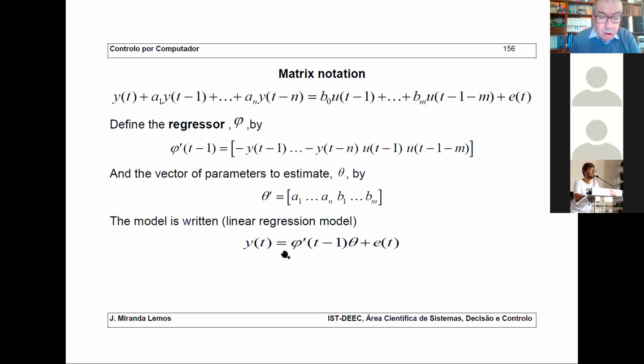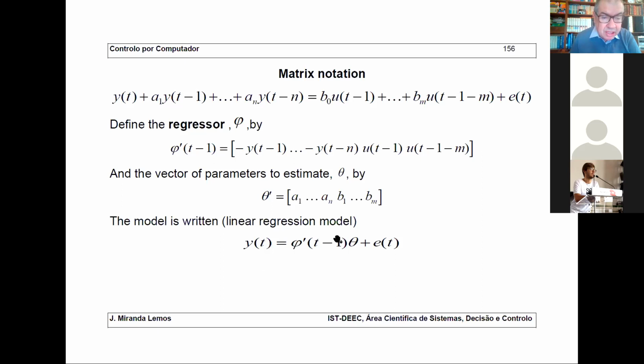And this is the linear regression model, or the linear regressor. So when you express one quantity as a linear combination of other quantities that you know, you put the known data in phi prime, phi transpose, prime, remember, is transposed here, and you collect all the unknown parameters that you want to estimate in theta. Okay.